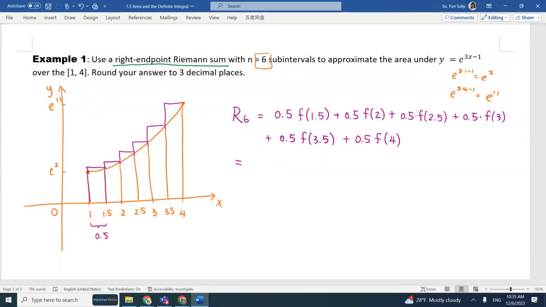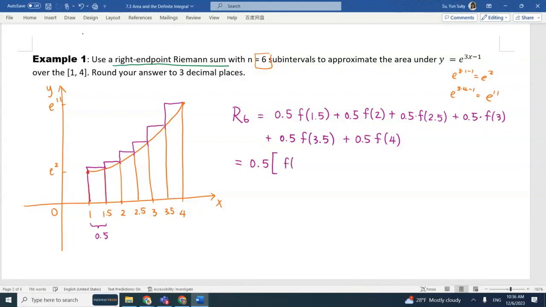Do you see all of the terms have a factor of 0.5? Let's take out the 0.5. I don't want to type 0.5 six times.